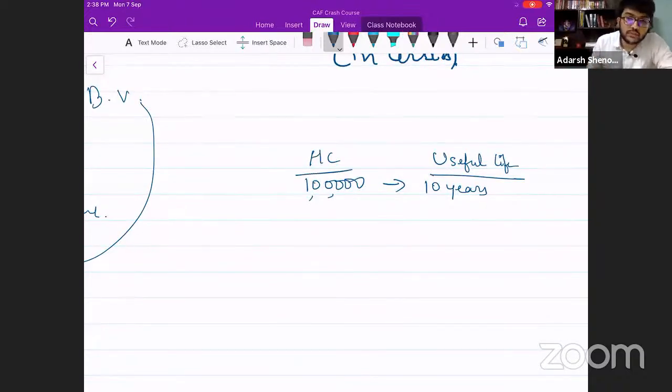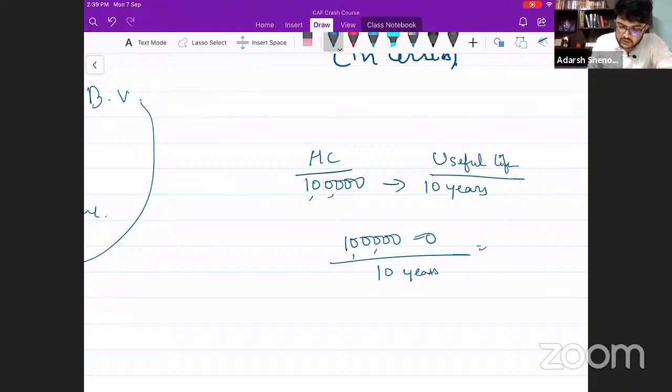Can you tell me what is the depreciation per year? It is going to be 1 lakh minus 0, no scrap value, divided by 10 years. So that is equal to 10,000 rupees. So the amount of depreciation charged every year would be 10,000 rupees.